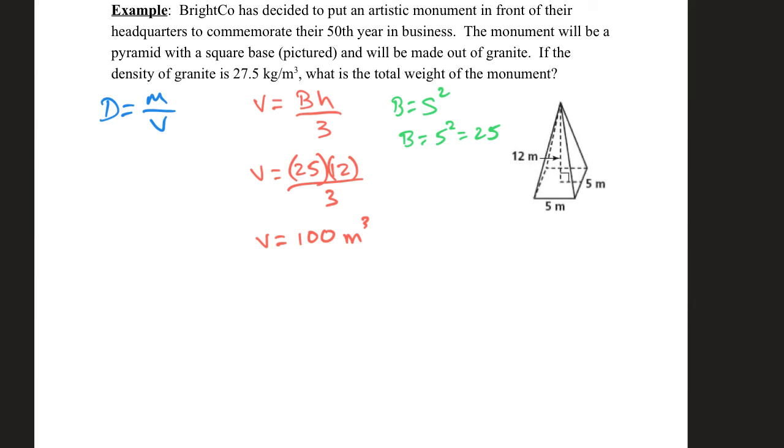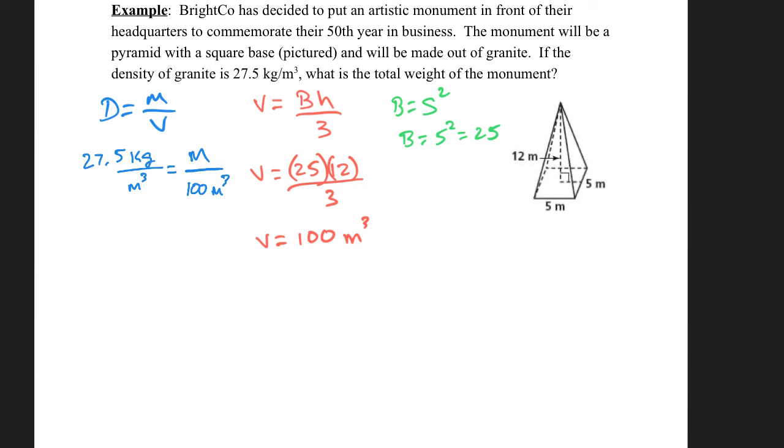Okay, second step is we just plug in our D and our V and solve for M. So we have our D, which is 27.5, and this is going to be kilograms per cubic meter, is equal to the M, which is what we want to try and find, and then this is 100 meters cubed or cubic meters.